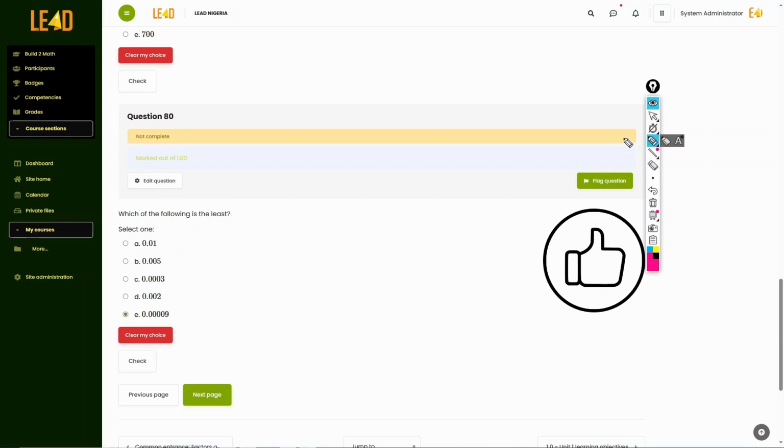But alternatively, we could also just write them out. So let me write 0.01, 0.005, 0.0003, 0.002, and 0.00009. Okay, so if you complete the decimal places now, watch what you would see.